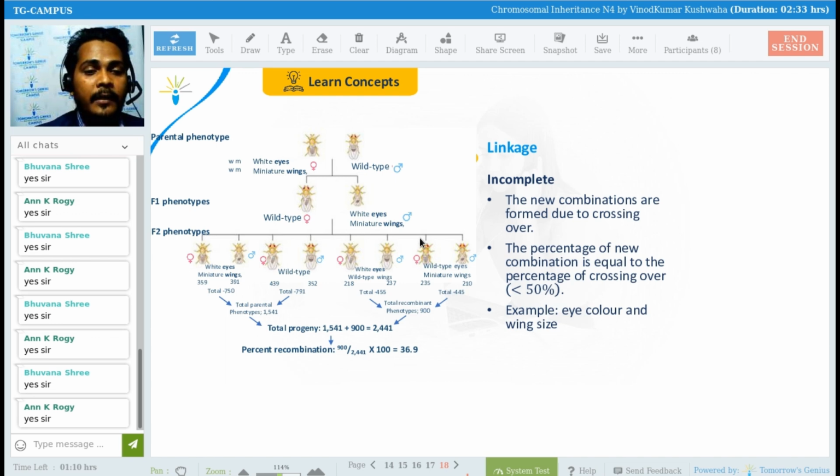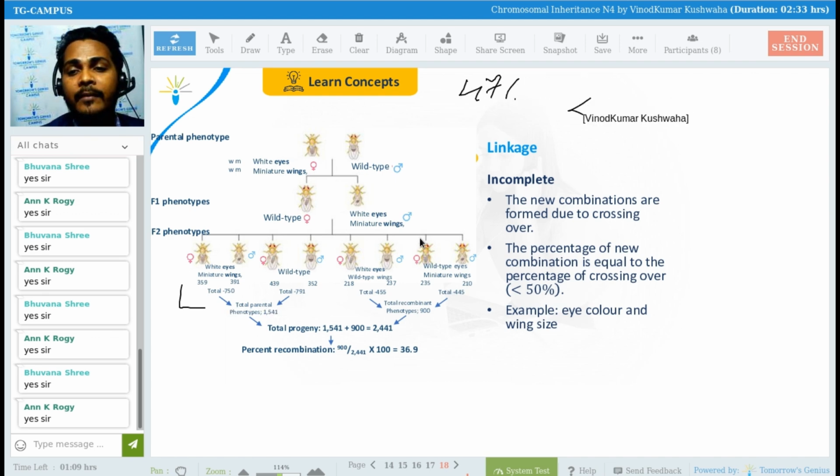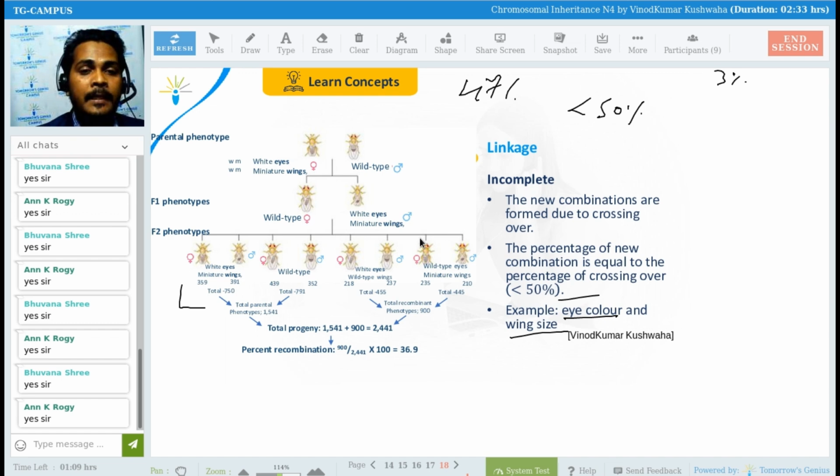So you can see here you get less than 50%, only 47%, even 3%, which is also less than 50%. The best example of incomplete linkage is the eye color and wing size of Drosophila.